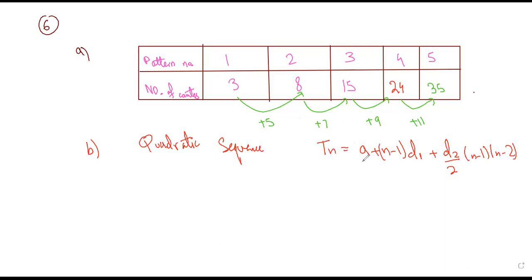So we need to figure out A, we need to figure out D1, we need to figure out D2. So I want you guys to figure all this out, simplify this and tell me the answer, okay?